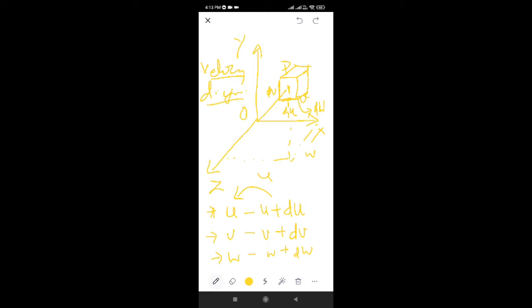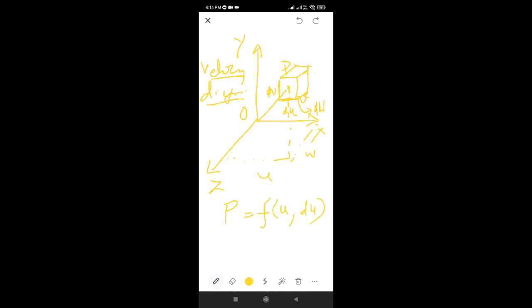According to the assumptions of Maxwell's speed distribution law, this probability is a function of u and du.